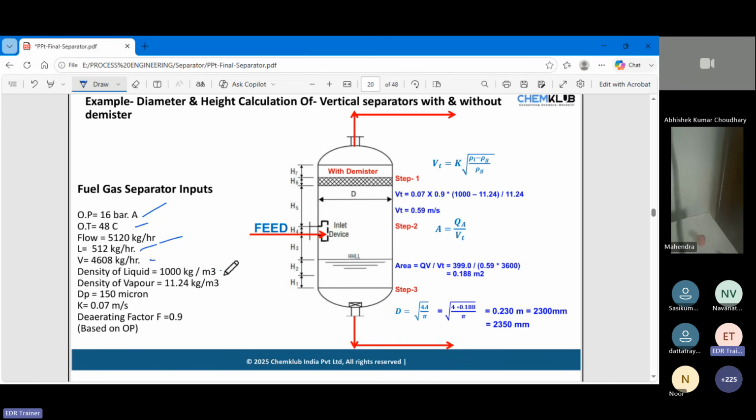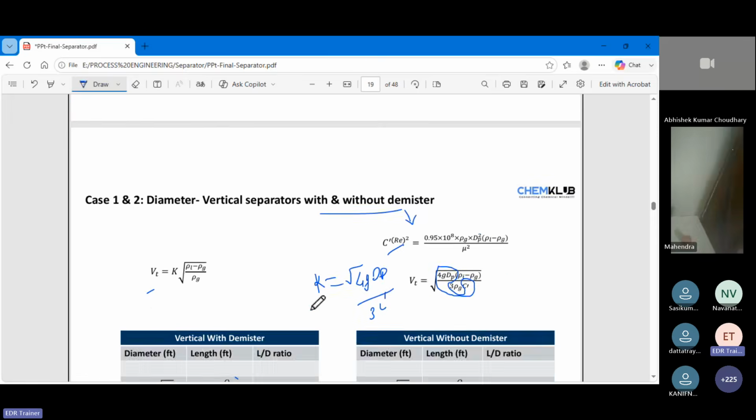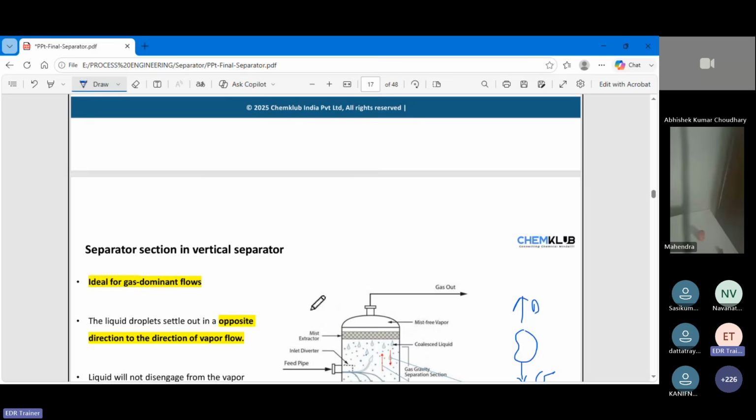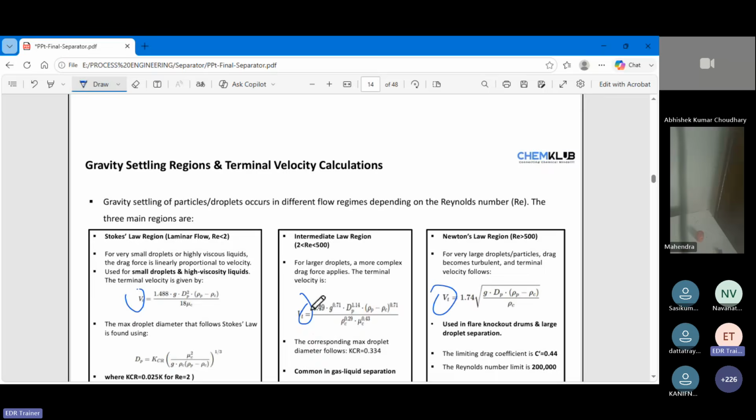Density of the liquid is 1000, vapor is 11.24, particle diameter is 150 micron. Based on the 150 micron for verticals, we have selected the K value. Another factor is the deaerating factor based on the operating pressure, as I told you.